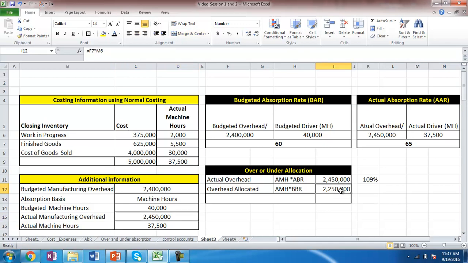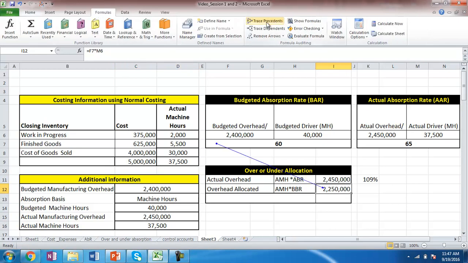The allocated overhead, this is important to observe, is calculated generally by using the budgeted absorption rate times the actual driver or actual machine hours in this case. So this 2.25 million has been charged into these overheads. So that means this 5 million includes 2.25 million of manufacturing overheads, which has been allocated using the budgeted absorption rate.